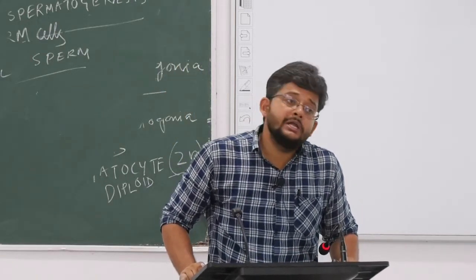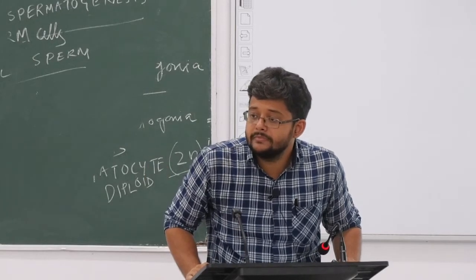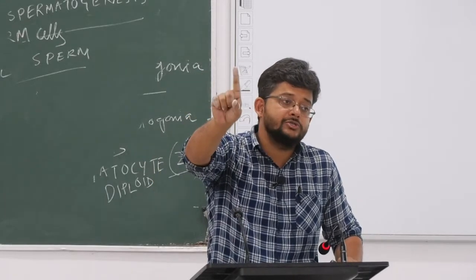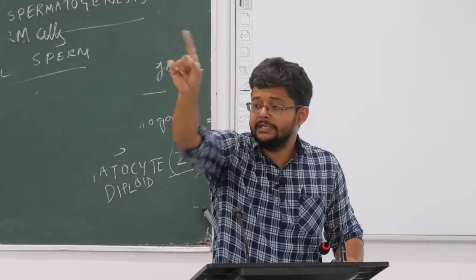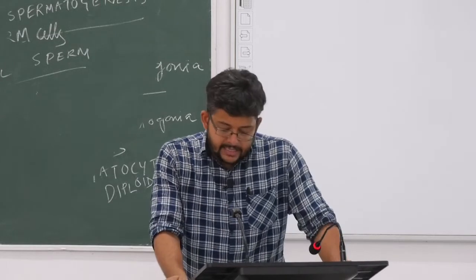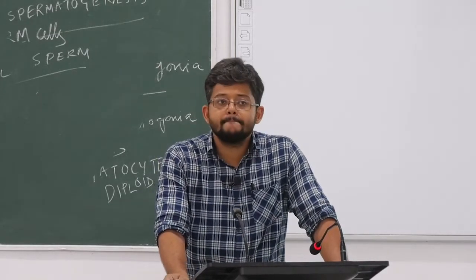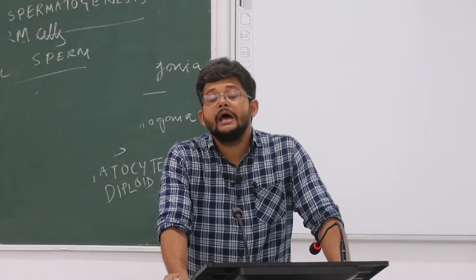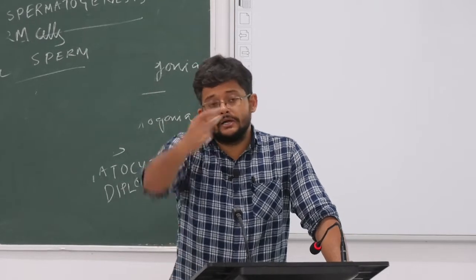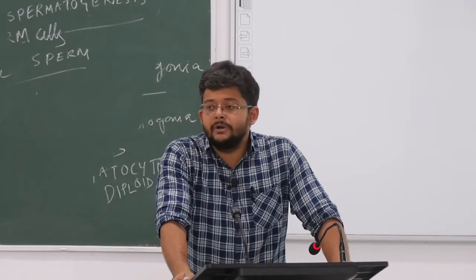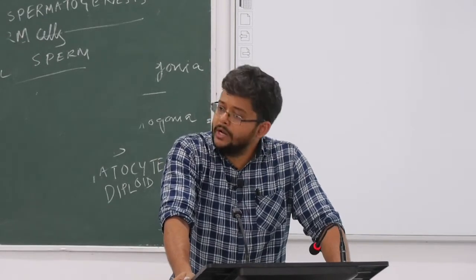Second, how long does the whole process take? These are MCQs, every one of them. The process of spermatogenesis takes 74 days. And to travel to the ejaculatory duct takes another 12 to 21 days.